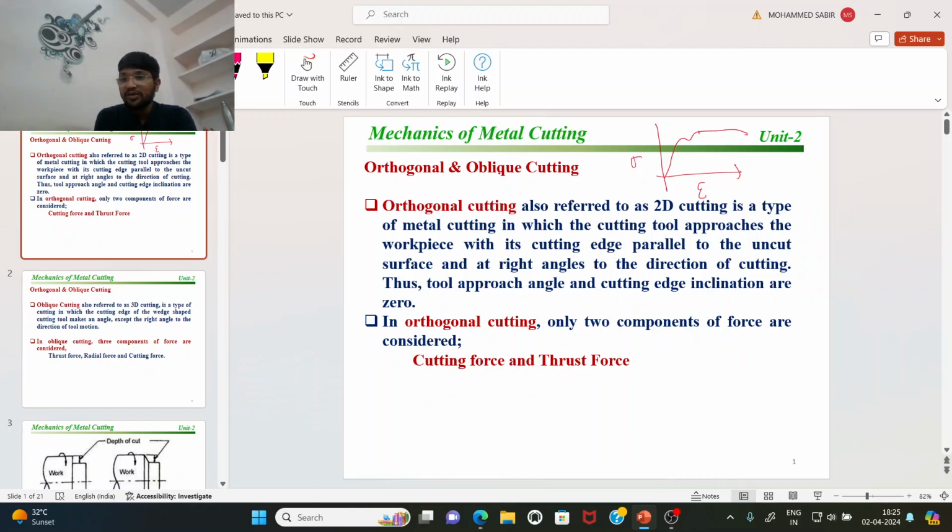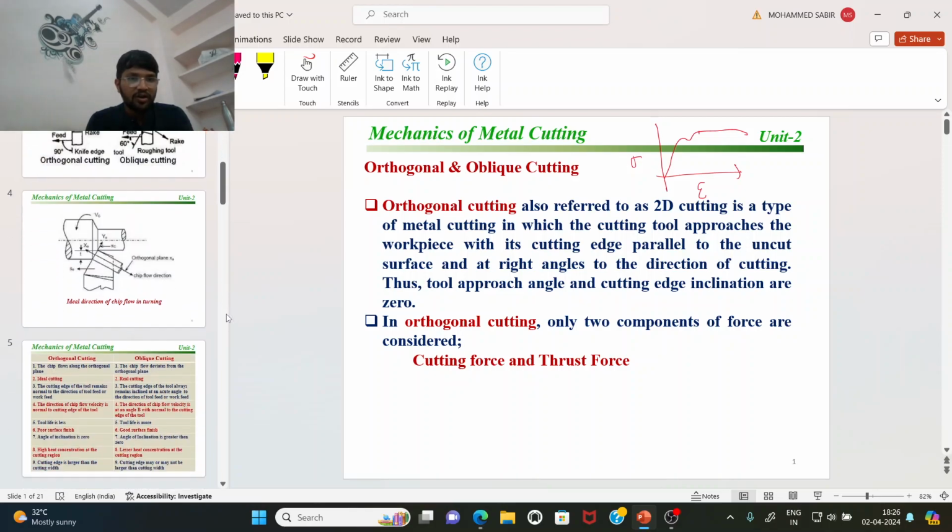If we assume that the workpiece is ductile, the shearing action occurs. When we assume that the workpiece is brittle, then crack propagation phenomena occurs.